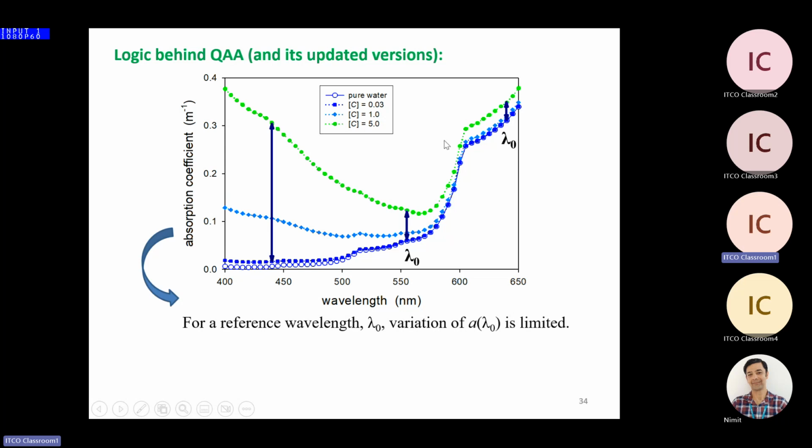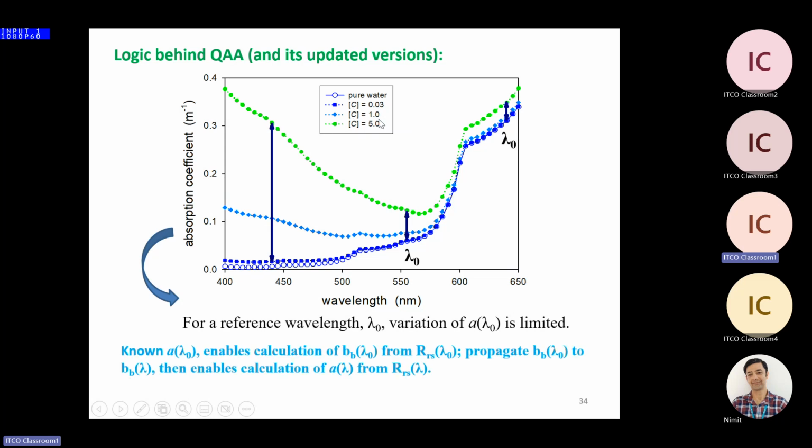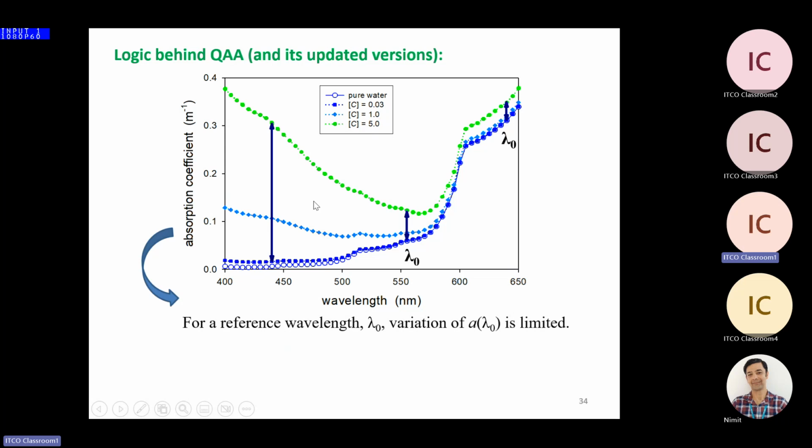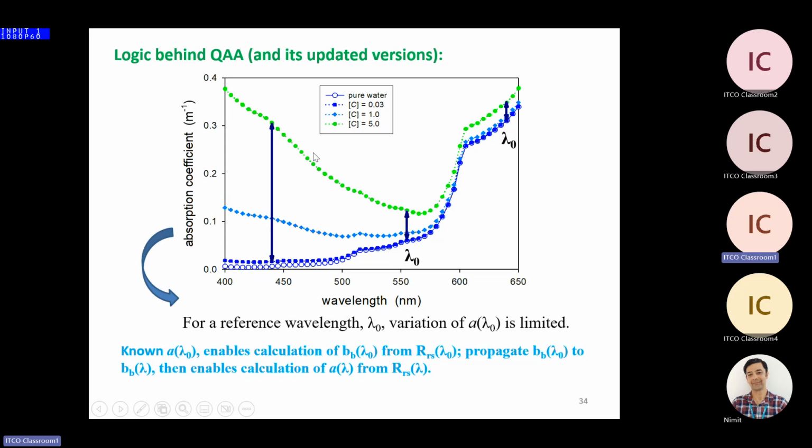For instance, here are 3 examples with chlorophyll: one is 0.03, another is 1.0, and another is 5.0. This open circle is pure water absorption. This blue is chlorophyll at 0.03, here is chlorophyll at 1, and here is chlorophyll at 5.